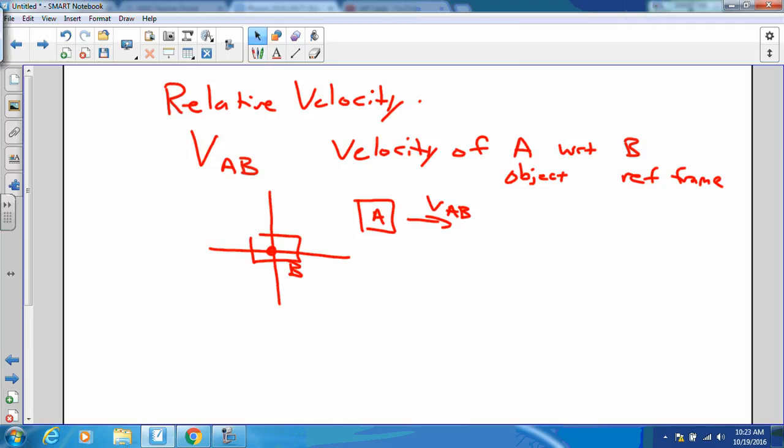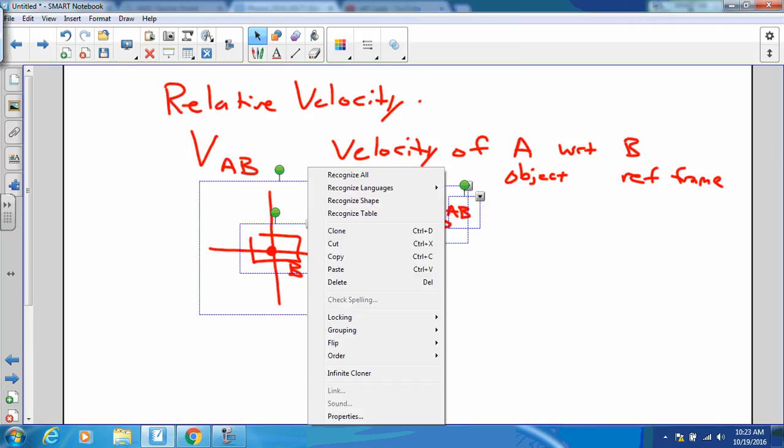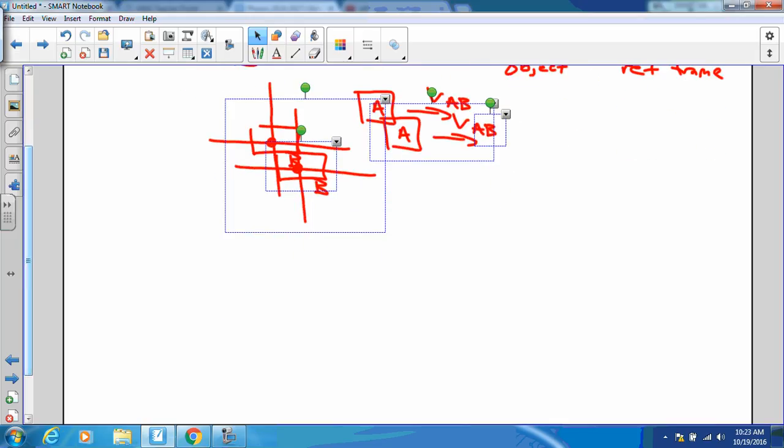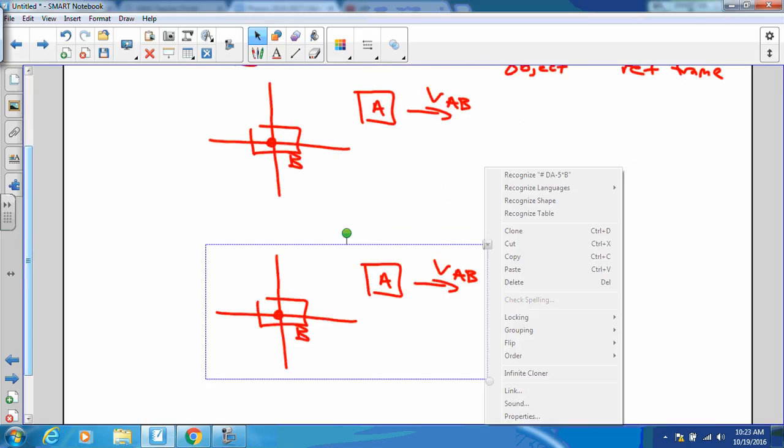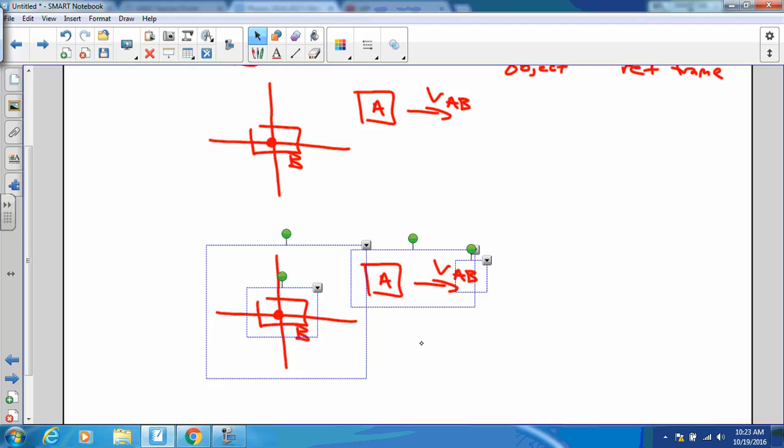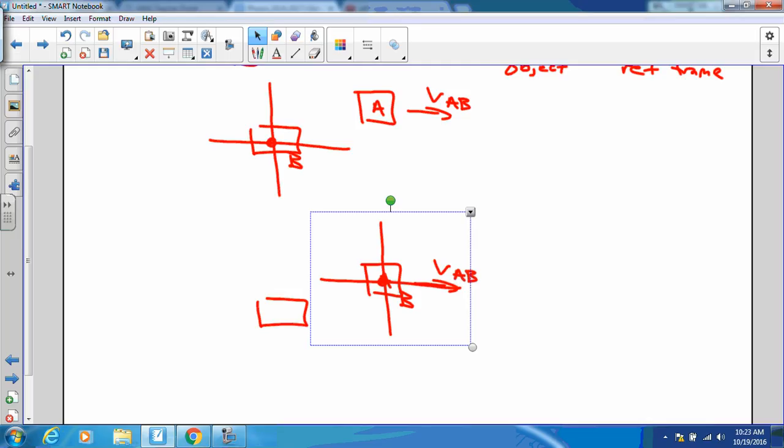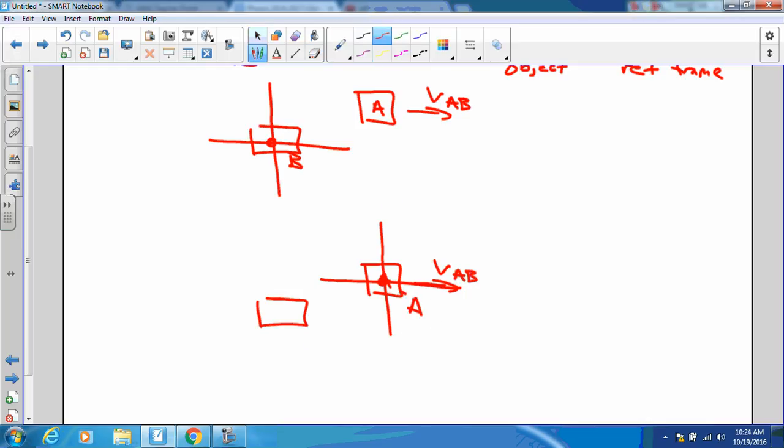And so we had two basic rules here. One is that if I measure the velocity of B with respect to A, then it will be equal but opposite to the velocity of A with respect to B. That was our first rule for dealing with relative velocity in two different reference frames.